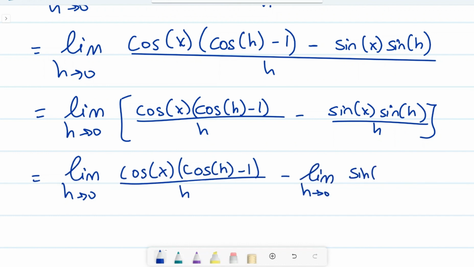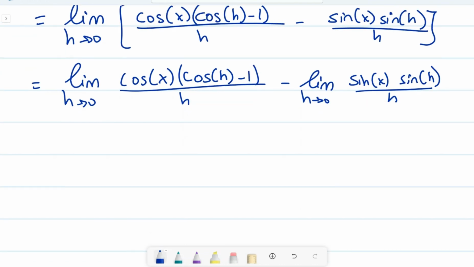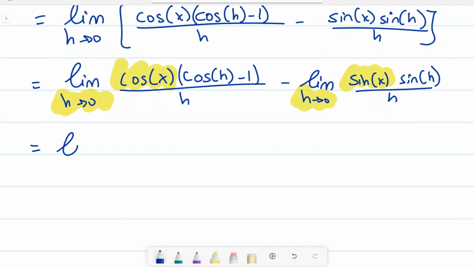So now we have two limits. Again, as we did with sine before, this proof of sine. Here h is the variable that we're interested in. Since cos x does not have any h, then cos x is a constant. And in the second limit the same, since sine x does not have any h, then sine x is a constant.